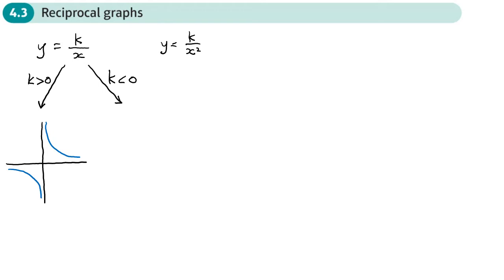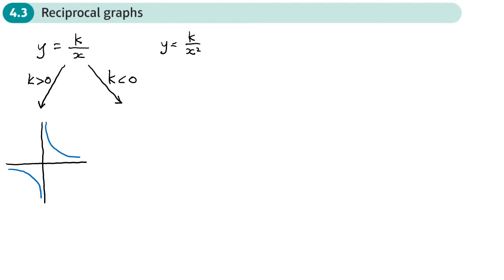Okay, now it's never going to touch the x-axis and the y-axis. And whenever we have a graph that gets closer and closer to an axis, or closer and closer to a line or a point, but never touches it, we call it an asymptote.